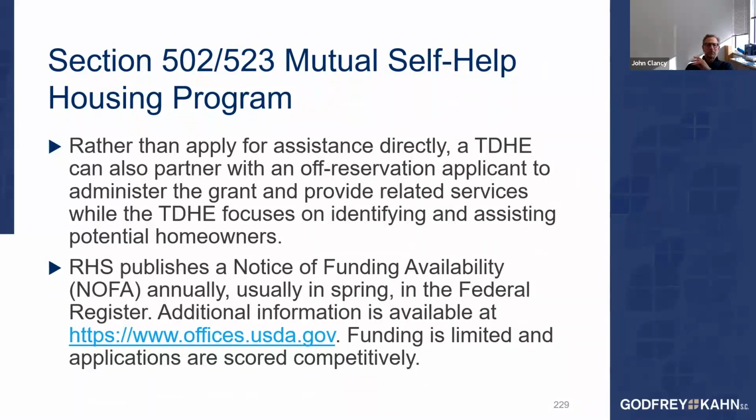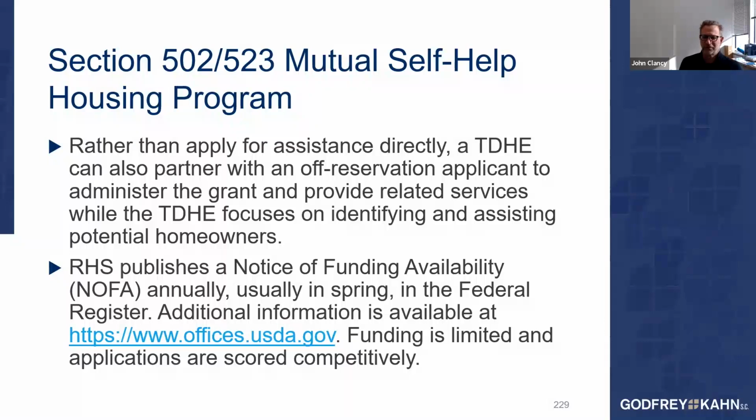and then one more thing, I guess, that we have here is that, rather than applying for assistance directly, the housing authority can act as a facilitator for this program, or you can also partner with an off-reservation applicant to administer the grant and provide the services.